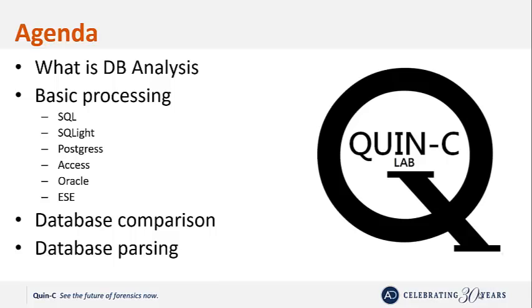Database parsing is the most powerful and most complex topic in our database series, so let me spend a few seconds talking about it before we hop into the tool. When we say database parsing, what we mean is pulling data out of a database and putting it into the Quincy grid. So imagine we were looking at a chat application.